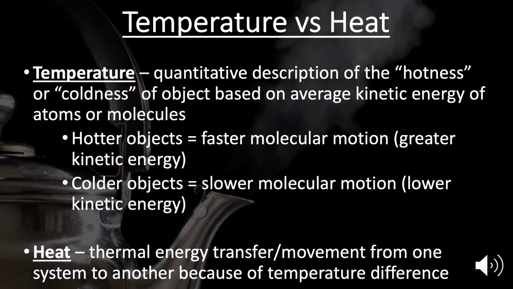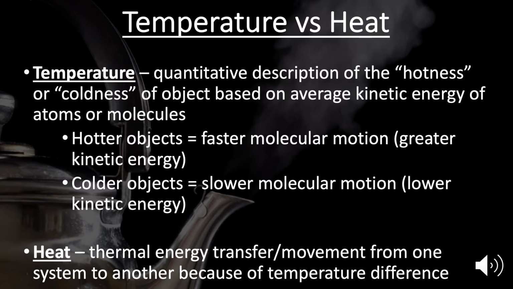That's all it measures. But heat is the energy transfer from one system or one object to another system or objects because of a temperature difference. So if I put something hot next to something cold, there's going to be energy that moves from the hot object to the cold object because it has a temperature difference.